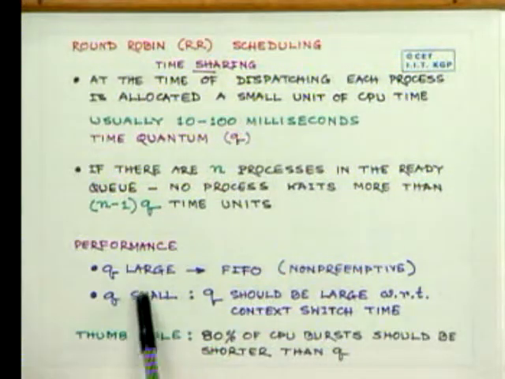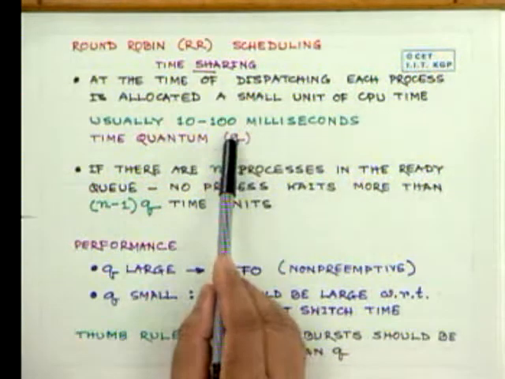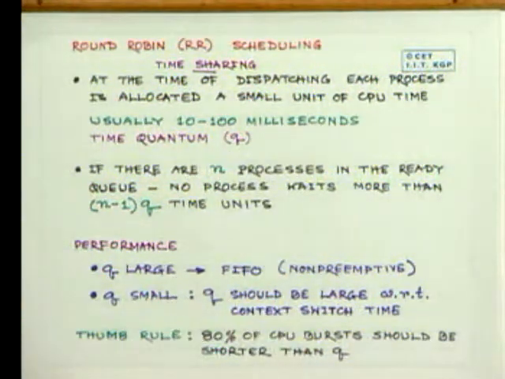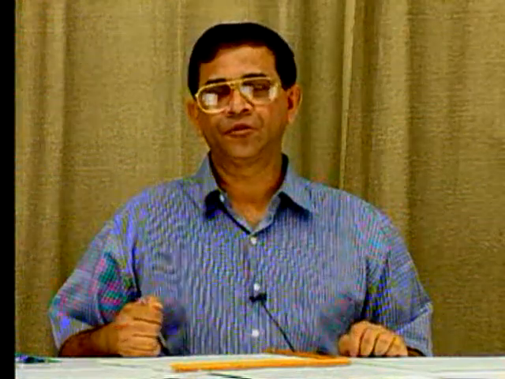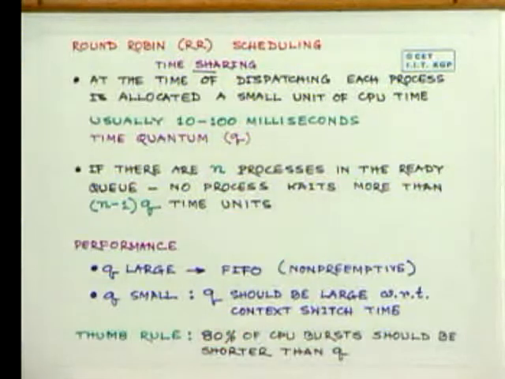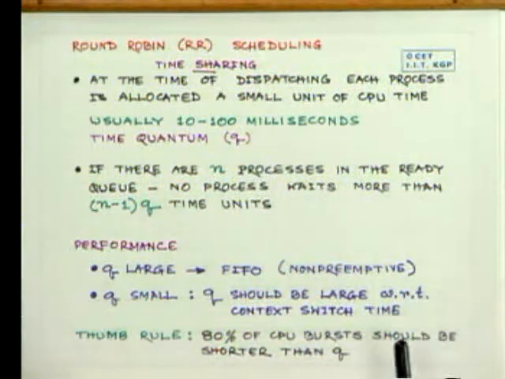Now, the performance depends on what your time quantum should be, based on these observations. If you make q too large, it will behave as if it's a FIFO. If the time quantum is too small compared to the CPU context switching time, the performance will be severely affected.